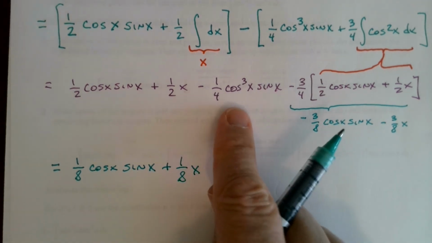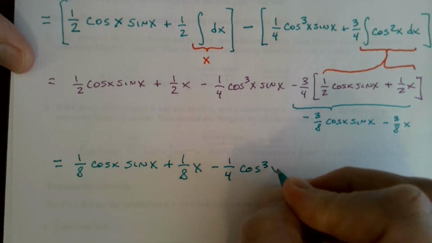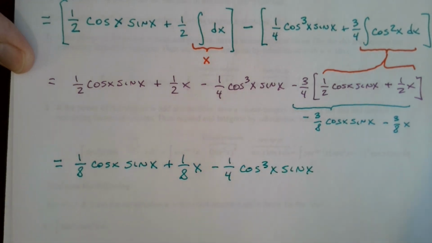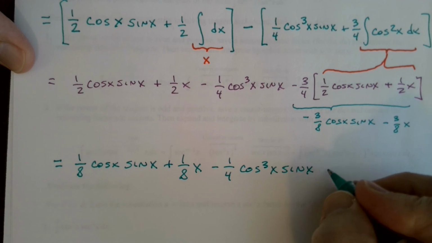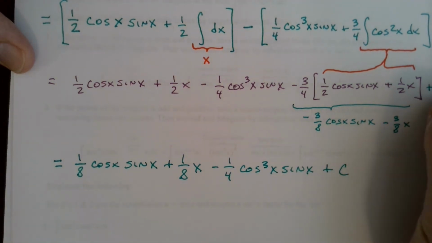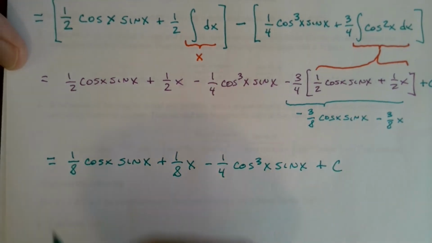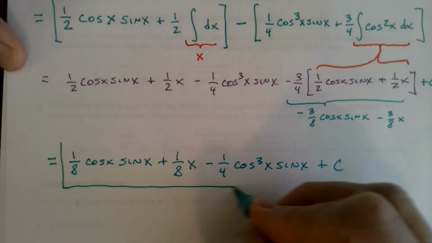And then I also have this right here, minus 1/4. Oh, and by the way, finally, plus c. I could put a plus c up here as well, but when we're all done, we'll stick in the plus c, knowing that we can have any constant.